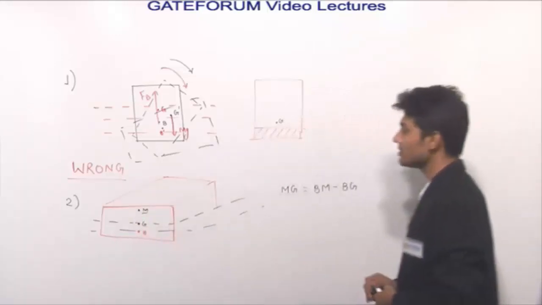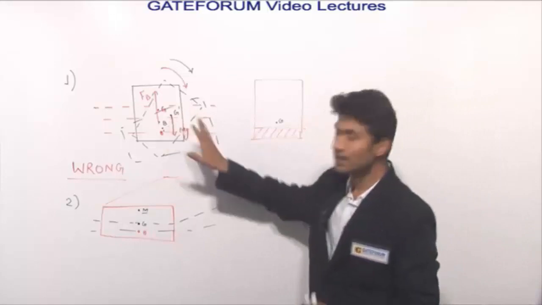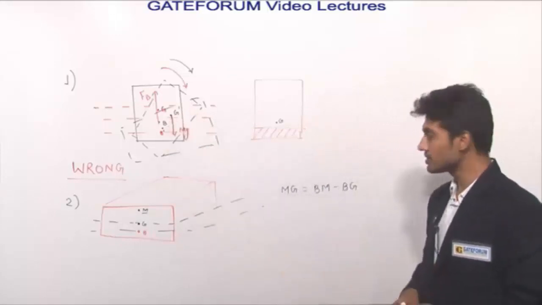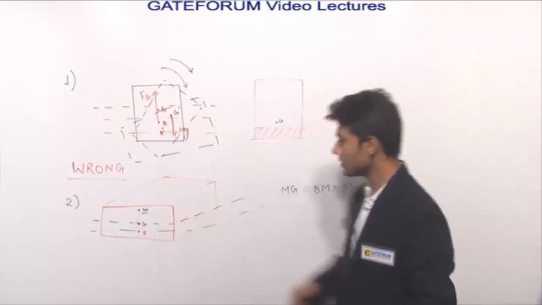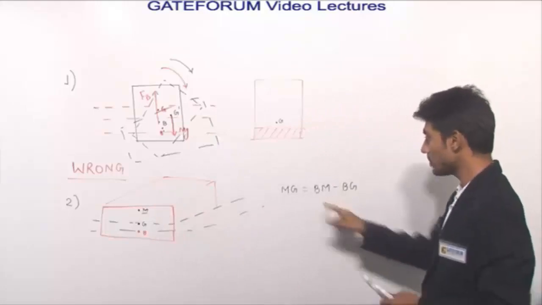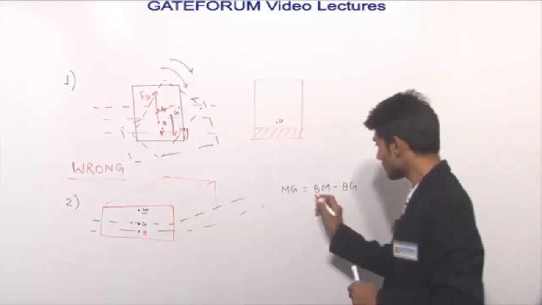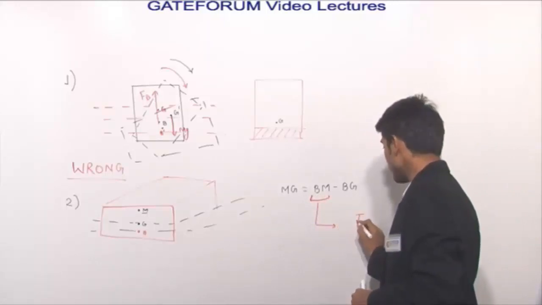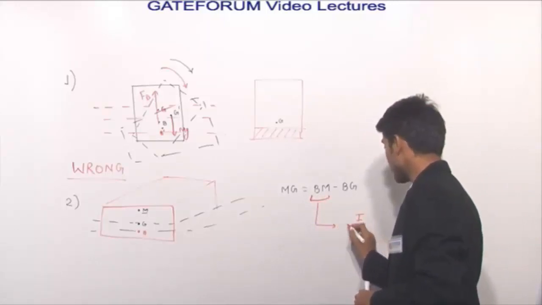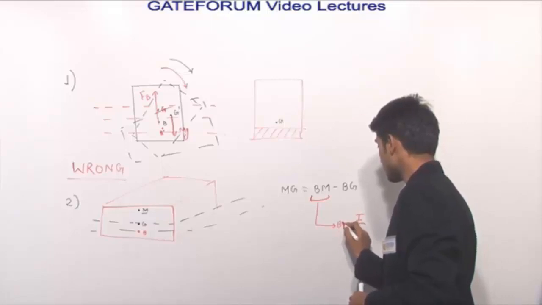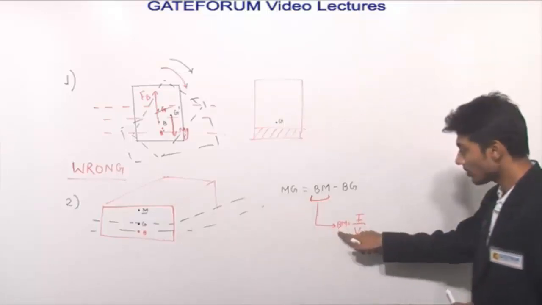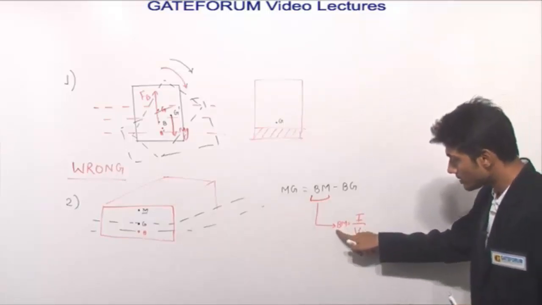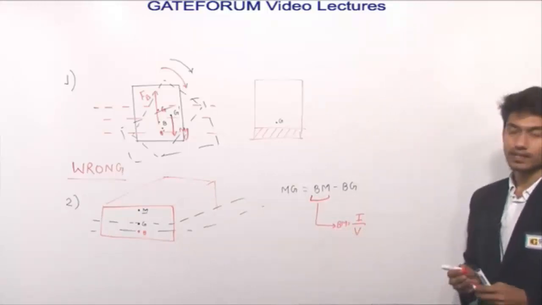Calculating BG is very easy because it can be simply calculated by normal fluid statics. But for calculating BM or MB, there is a particular formula. That formula is I upon V. It is BM, the distance between center of buoyancy and metacenter.